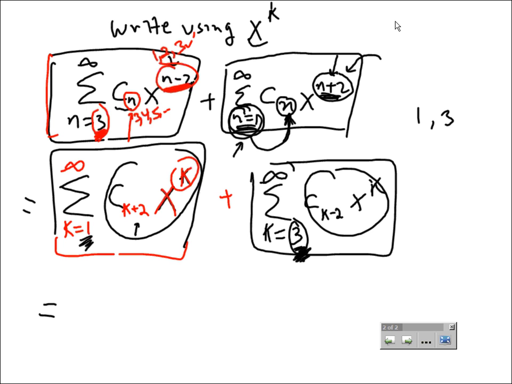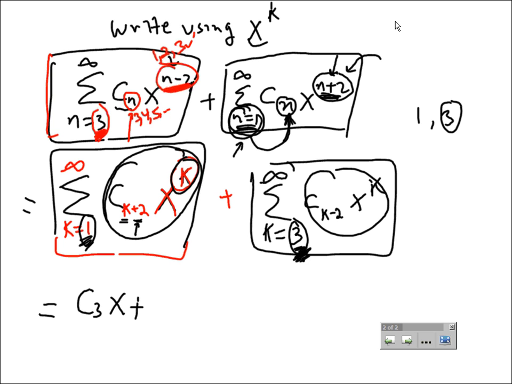Of 1 and 3, which is the largest number? 3. So when k is 1 and 2, I have to break that one up. That is, when k is 1, what's in here is c sub 3, plus 1 plus 2 is 3, x to the first power. I won't write 1.